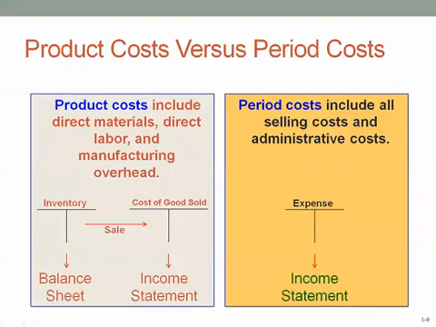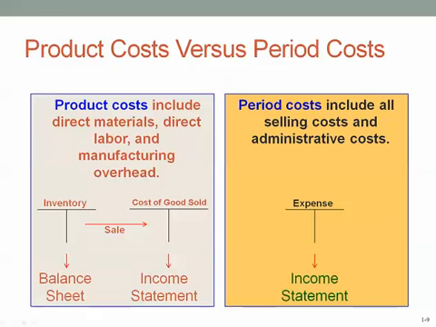So again, product costs first get recorded on our balance sheet as part of raw materials, work in process, or finished goods inventory. Once we've completed the product and we sell it to a customer, those costs will then be matched with our sales revenue as cost of goods sold.